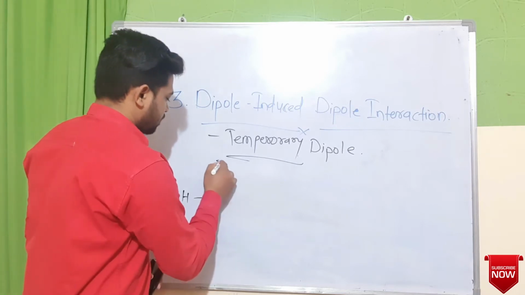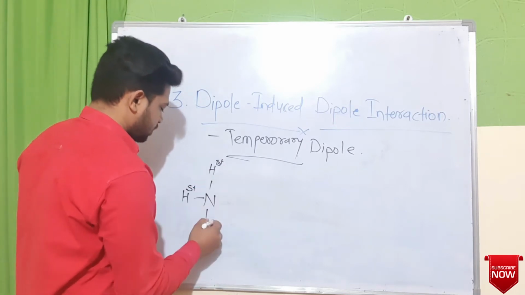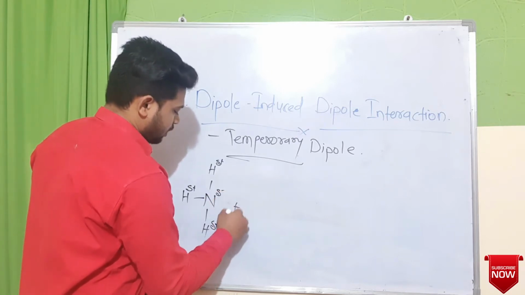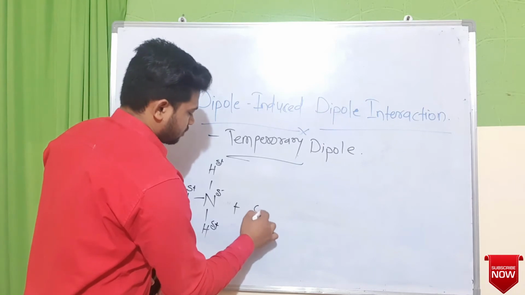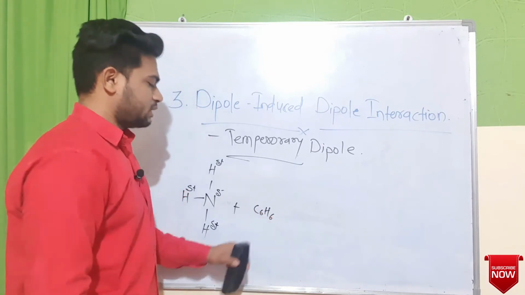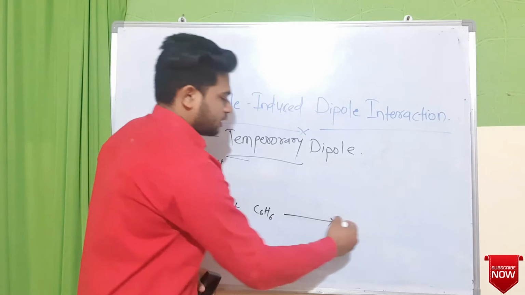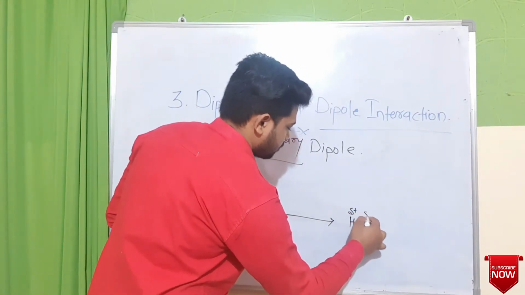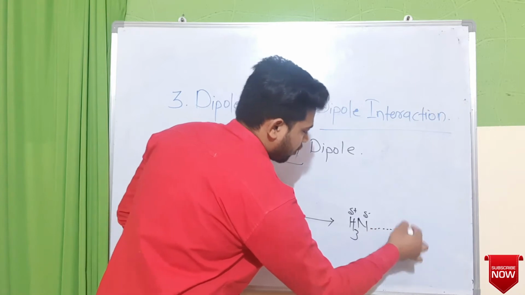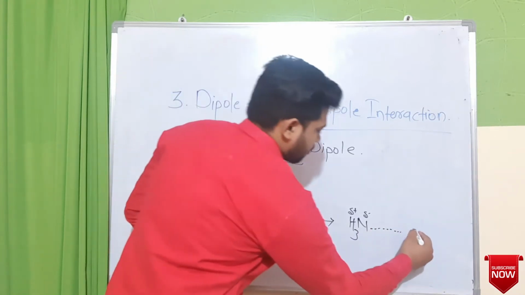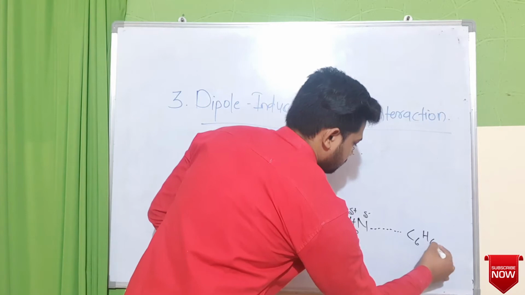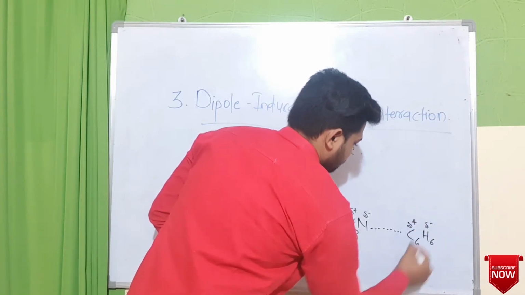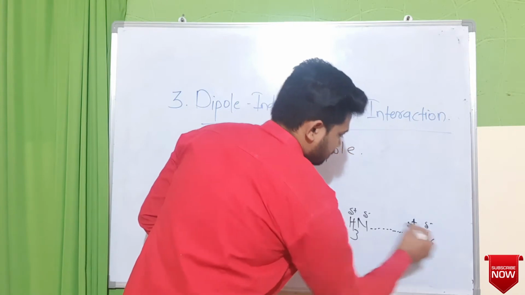In this, the hydrogen having partially positive charge and nitrogen having partially negative charge, plus when there is an interaction between this benzene, then this nitrogen having delta positive and delta negative will form dipoles in the benzene, just like delta positive, delta negative. These are the temporary formation of dipoles.